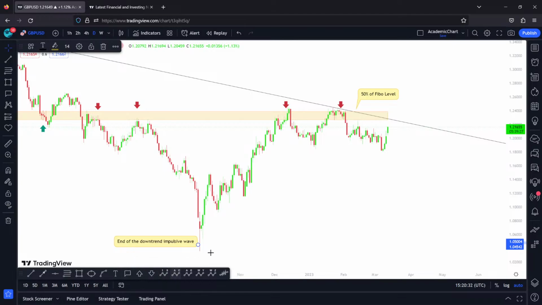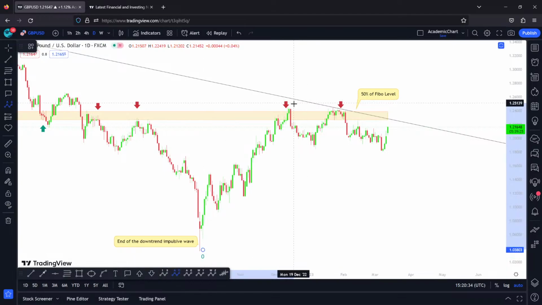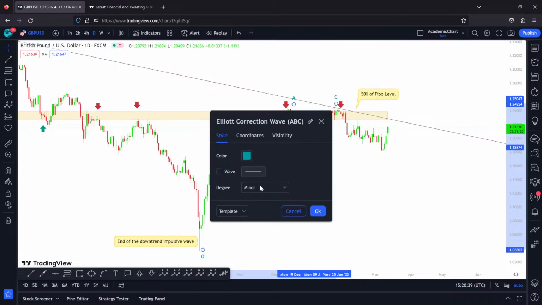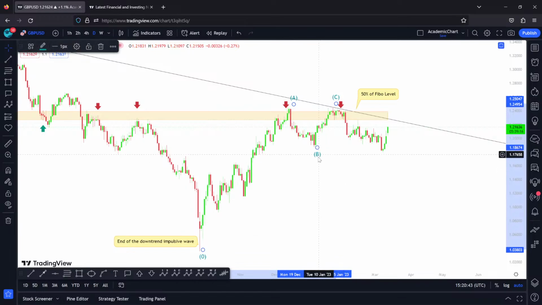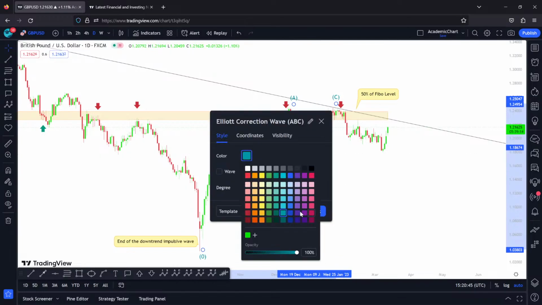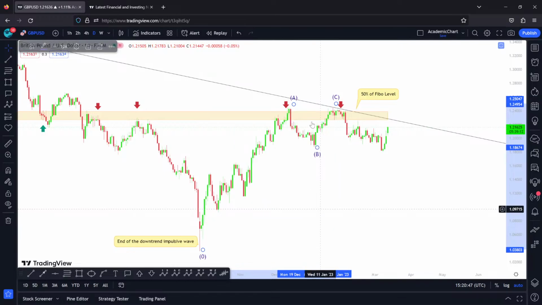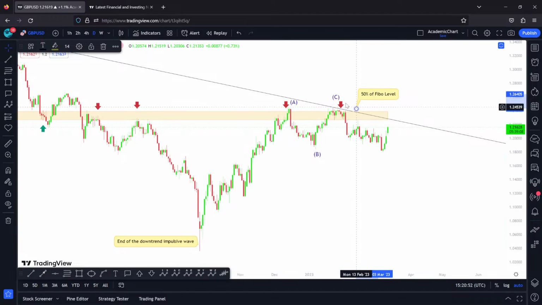Let's grab this ABC tool. I can say that this is my ABC. This is not a minor one. This is more primary, which I can call intermediate. I prefer to change the color. The primary is like this. We have had some sort of truncation of this C wave, in my opinion.